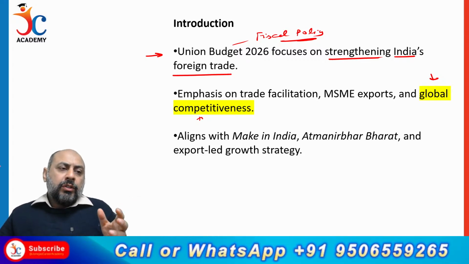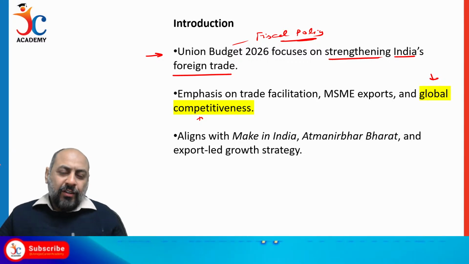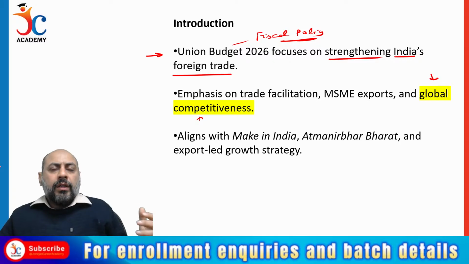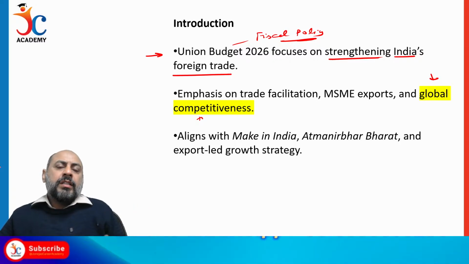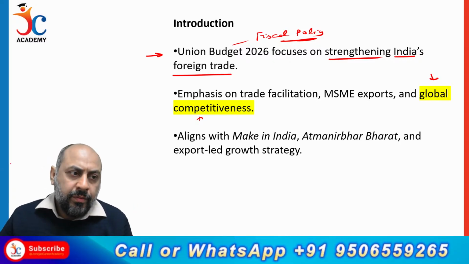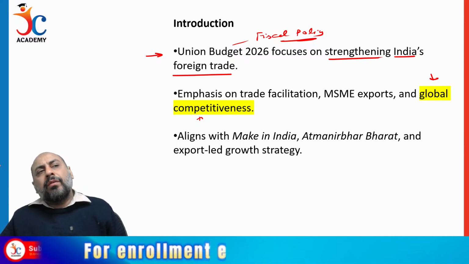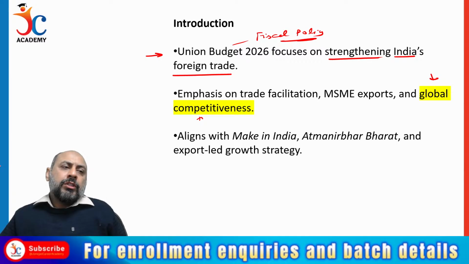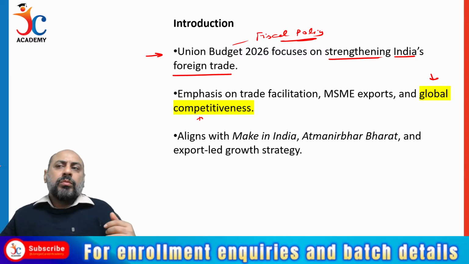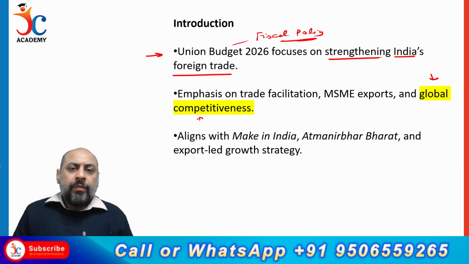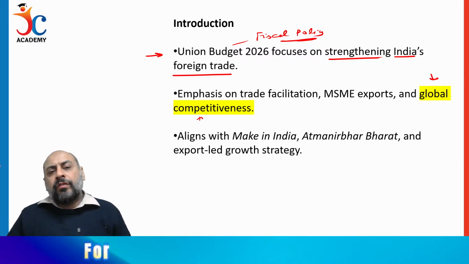You know that the US, up till yesterday, now today we have a deal with the US, but before today, the US was penalizing our trades by tariffs. And we were also not doing really well in comparison to countries like Vietnam, Bangladesh, and other countries when it comes to providing services and goods at a better rate. So the challenge here was to strengthen the foreign trade.